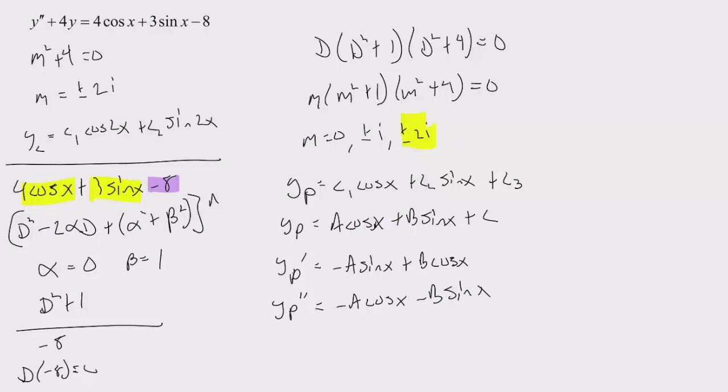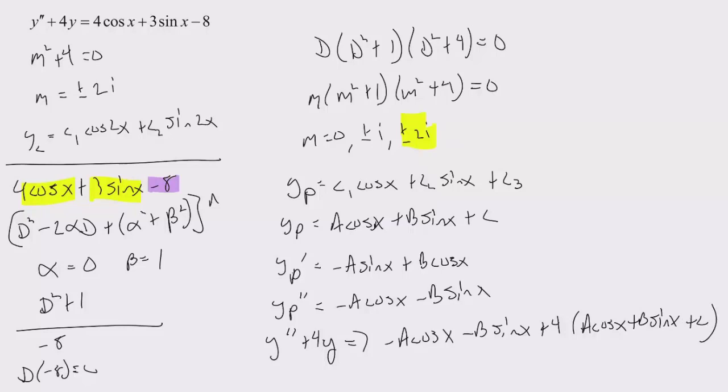Alright, so let's evaluate that in y double prime plus 4y. So that would be negative a cosine x minus b sine x plus 4 y, which was a cosine x plus b sine x plus c.